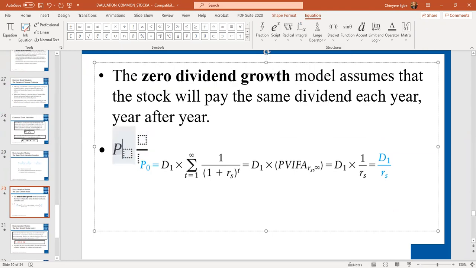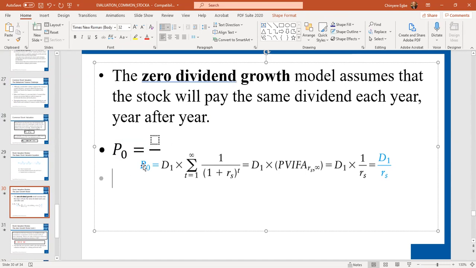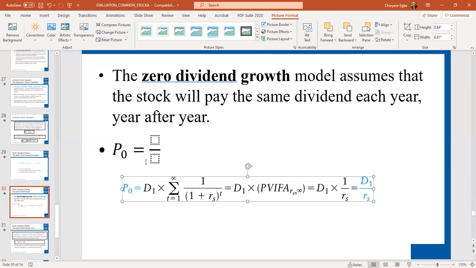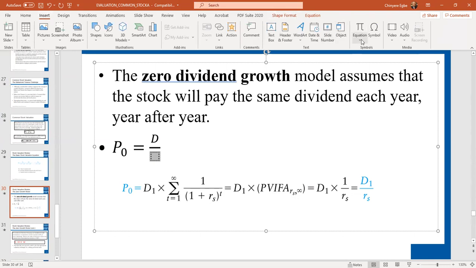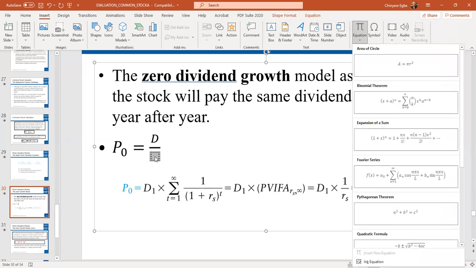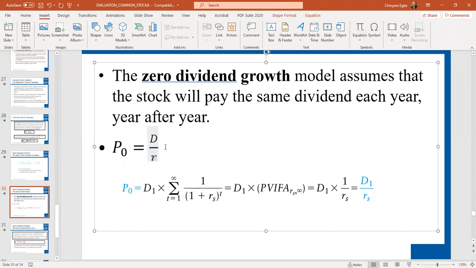So the price of a stock at any time is going to be D over R, where R is the required rate of return.